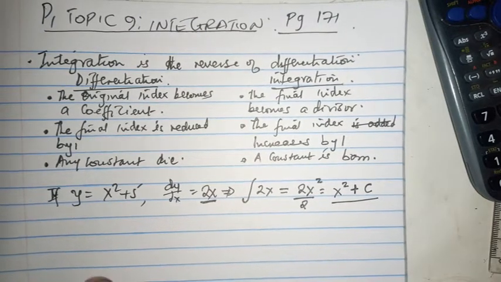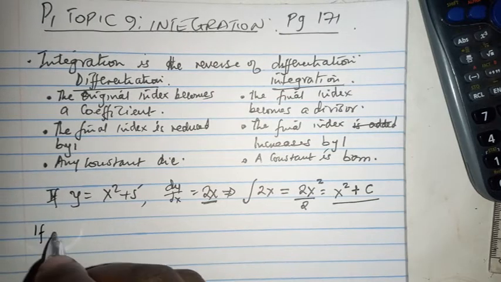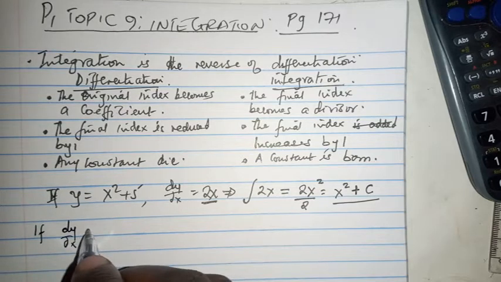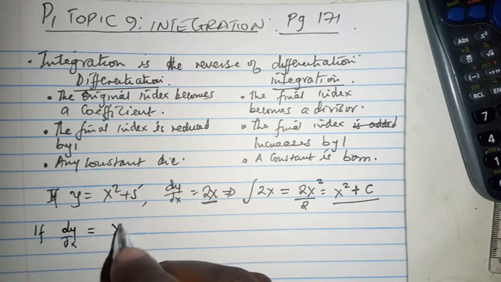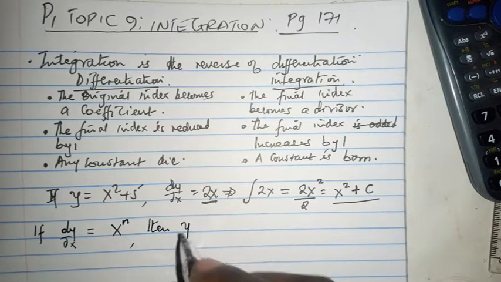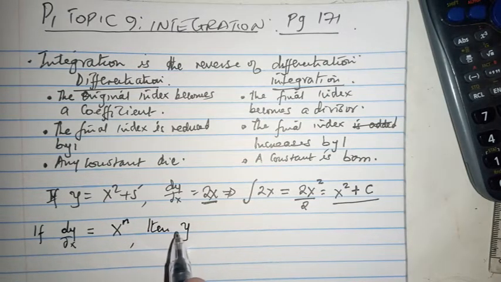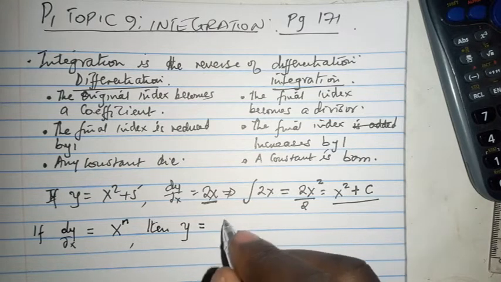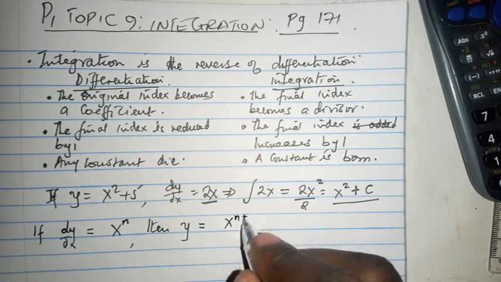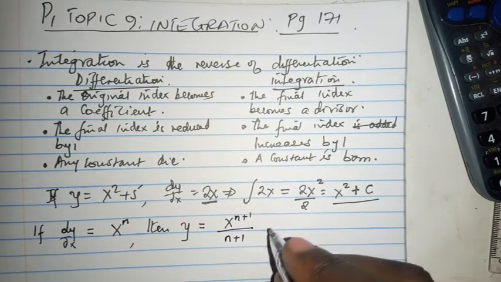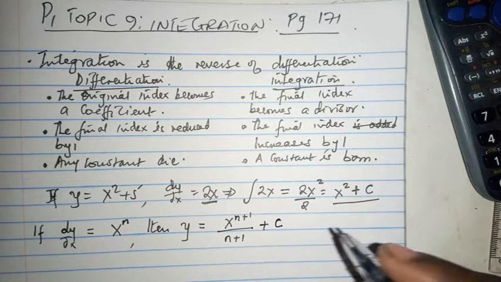But before example 1, we must say that if dy/dx is equal to x raised to power n, then to go back to the function y we integrate, because we have the gradient. y is equal to x to the n plus 1 all over n plus 1, plus a constant c.